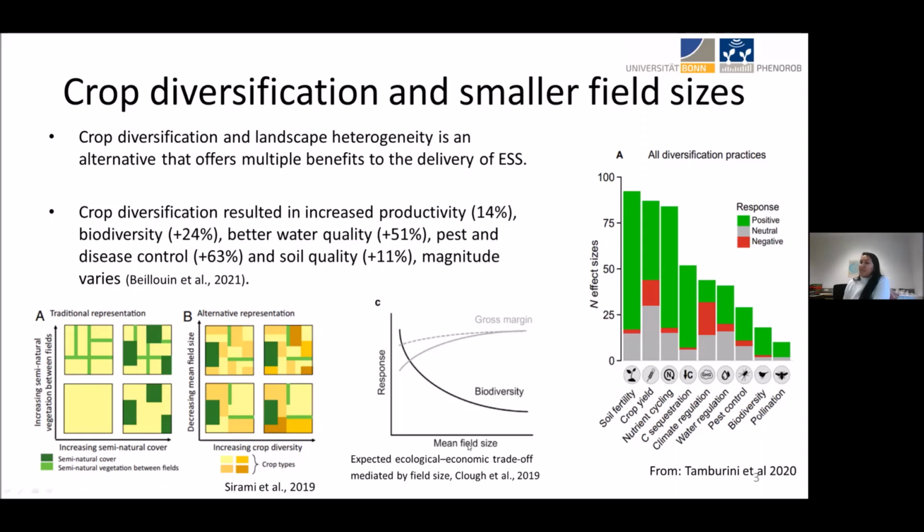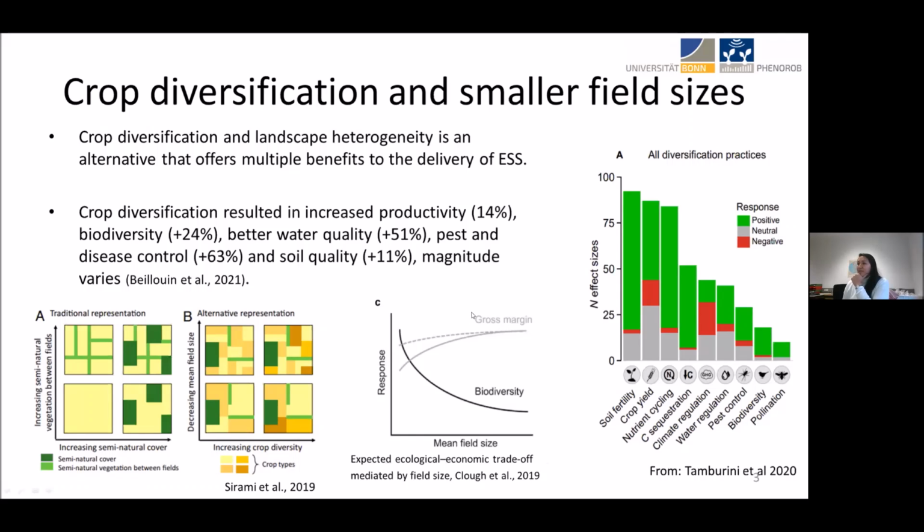Also in terms of smaller field sizes, there was another review. You can expect that with increasing field size, there is a loss of biodiversity in the fields. Past research has shown that when you have smaller fields, typically there's a higher biodiversity within the fields, and as the field size increases, the biodiversity tends to decrease.